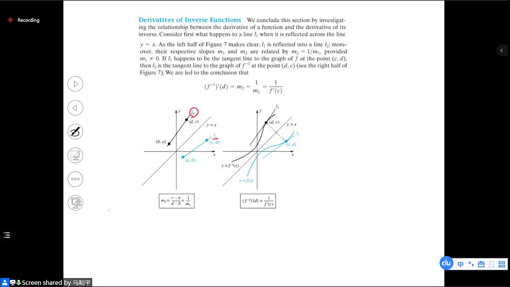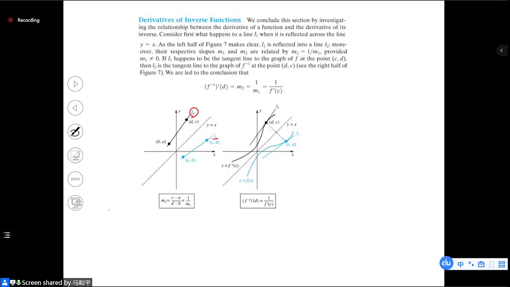This is L1, and this is L2. Moreover, their respective slopes m1 and m2 are related by m2 = 1/m1.